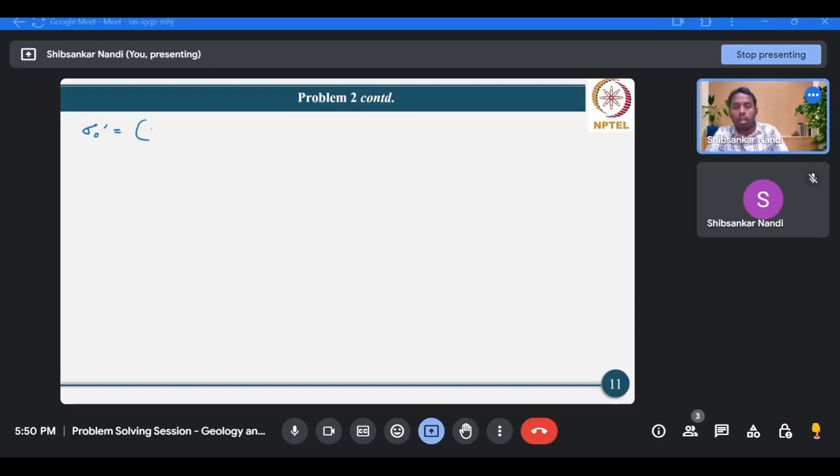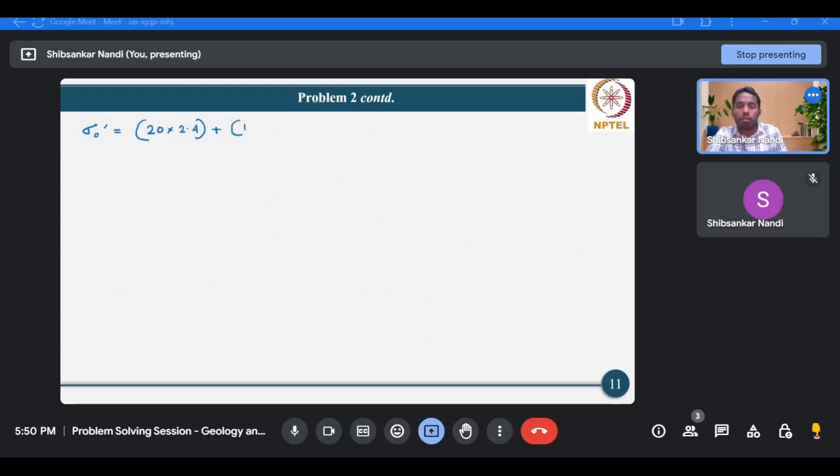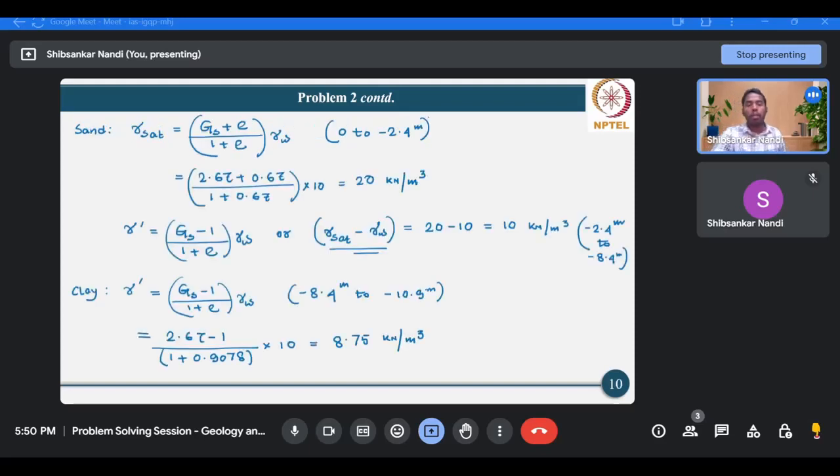So the initial 2.4 meter will be multiplied by 20. Then the remaining 6 meter will be multiplied by 10. And finally, the 1.25 meter will be multiplied by 8.75. Why 1.25? Because we are calculating at the mid depth of the clay strata.